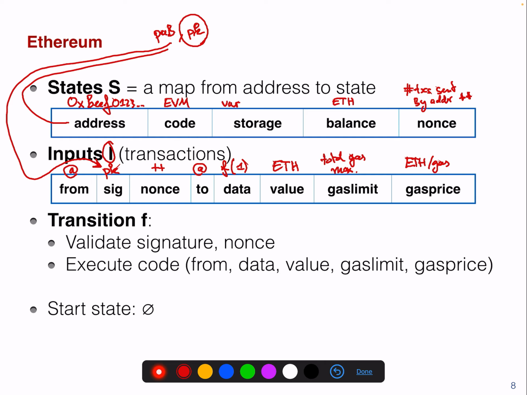Okay, so the transition function f here, basically what it does is it validates the signature of the transaction. So it validates whether you actually know the correct private key, and whether the nonce was properly incremented, right? If it wasn't incremented, then you can't execute a transaction with the same nonce as before. And then you basically execute the code, right? So you take this data, and for every byte code that you execute, you calculate how much gas you used.